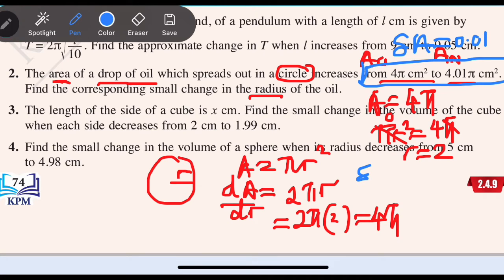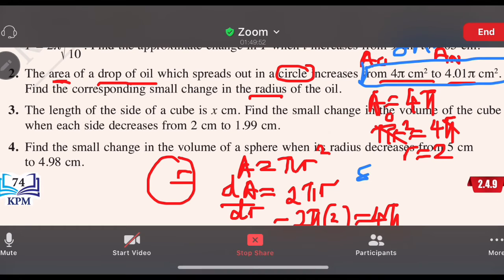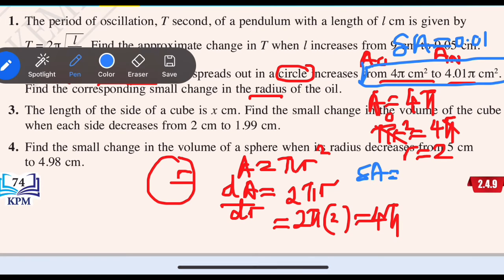Now delta A is increased, so it should be the value after changes minus the original value of the area. So it's 4.01 pi minus 4 pi. So the small change for the area is just 0.01 pi. Hence you can find the change of the radius because you are given the small change of the area.